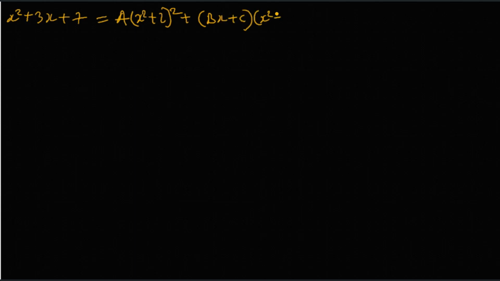So we have this expression, which is x squared plus 3x plus 7 equal to A over x plus 1, plus Bx plus C over x squared plus 2, plus Dx plus E over x squared plus 2 all squared. We have already found the value of A being 5 over 9.